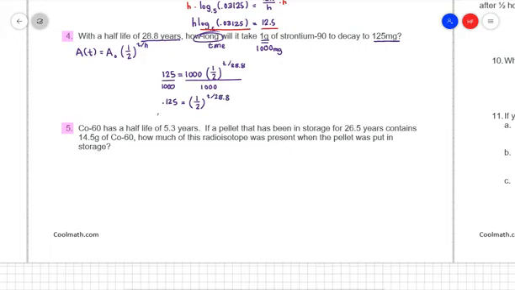Then I'll convert. Log base 1 half of 0.125 is equal to t over 28.8. And that would be 28.8 log base 0.5 of 0.125 equals t. So then we can put that whole thing into our calculator.